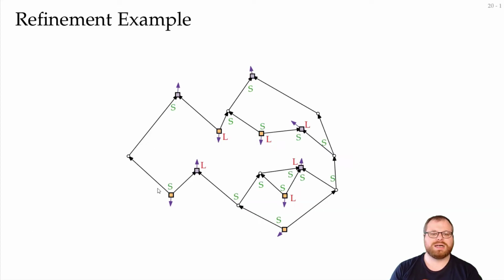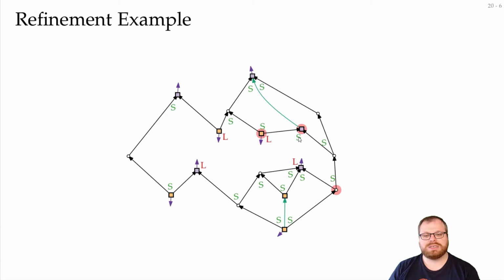Let's have a look at another example. So we have our assignment here, we have the large and the small angles, and we pick subsequences of LSS, for example here. We have LSS, we want to create an edge from here to here, and now this becomes a small angle, this L is destroyed. We have LSS here, we create this edge, this global sink gets destroyed, we get two small angles here.